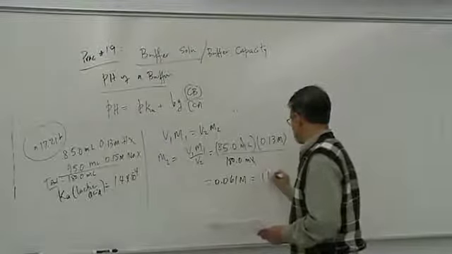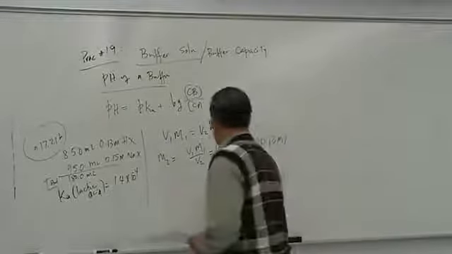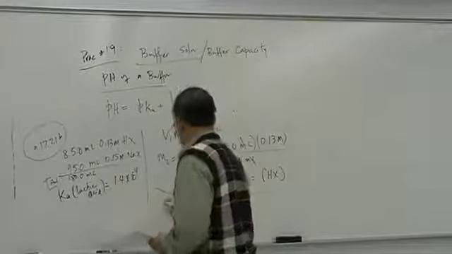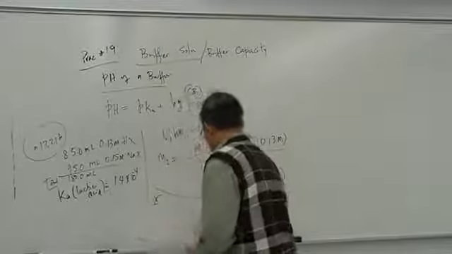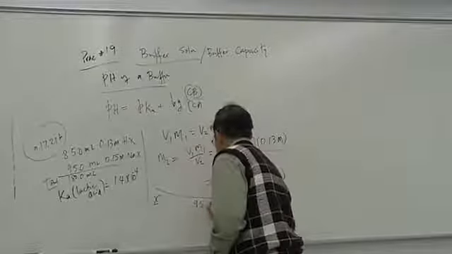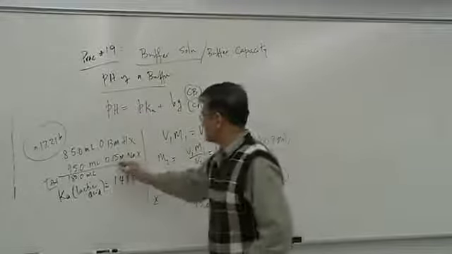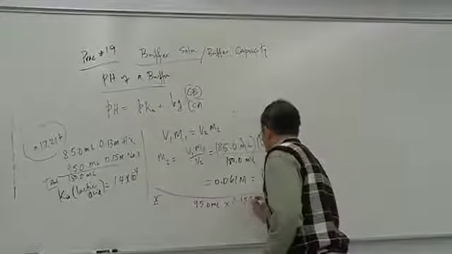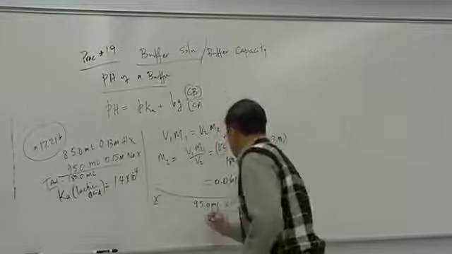Similarly, you do a calculation for X minus. This is for dilution of HX. For X minus, you're going to do 95.0 ml times the initial concentration, 0.15 molar, divided by the total volume, which is 180.